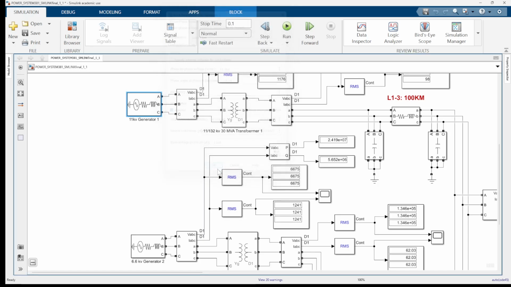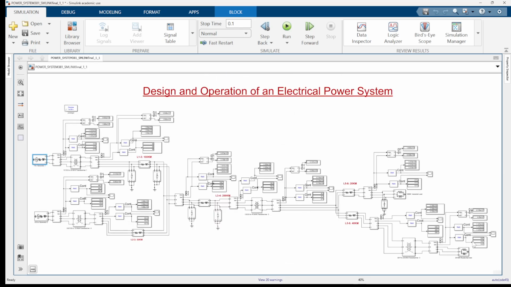However, considering that this power is going to be transmitted through the long transmission line, there are power losses when we reach the load side.